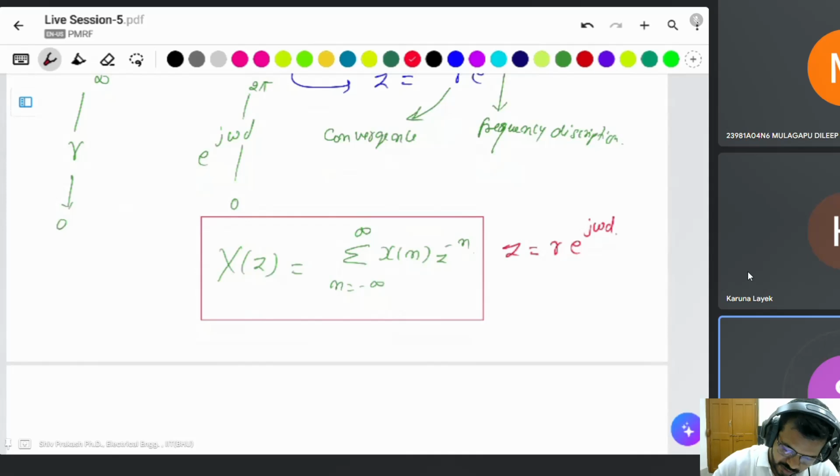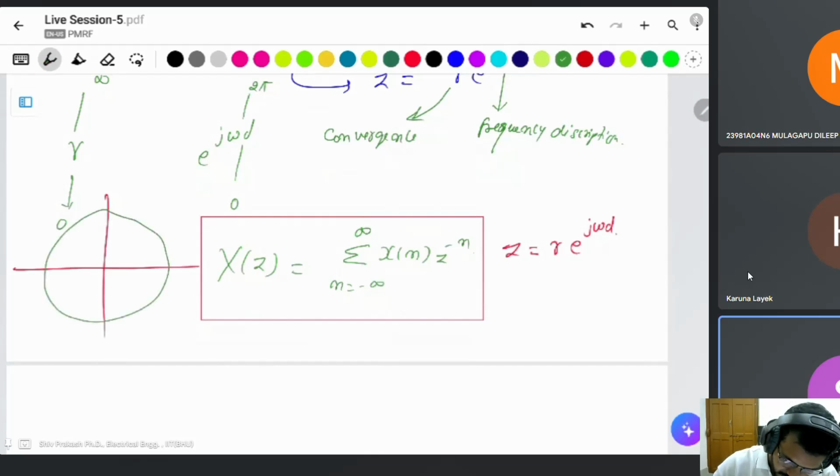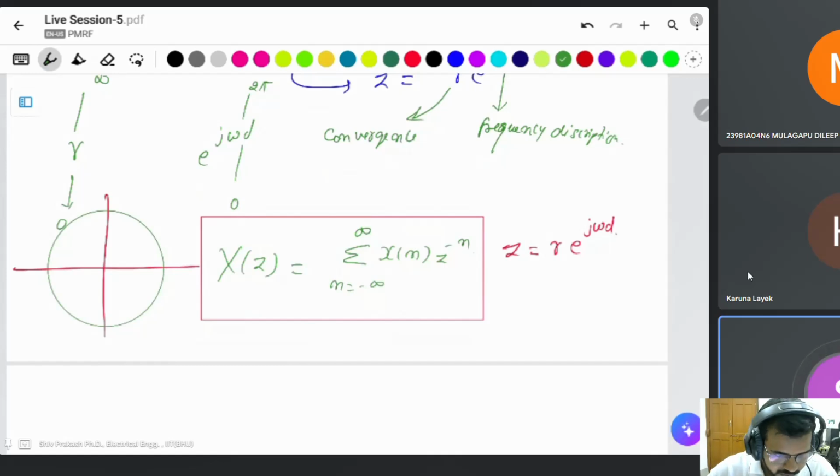The plane of this system is a circle. So this does not look like a circle. Yeah, this one looks like it. This is the Z plane.